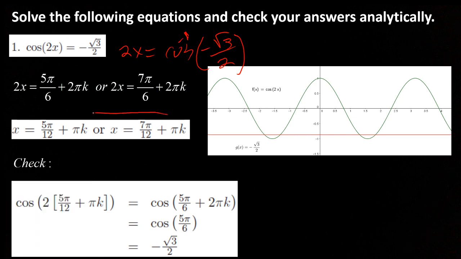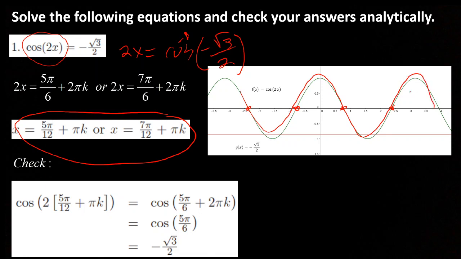So these numbers that we found here are actually the intersection points of the graph on the left, which is this graph right here, and the graph on the right, which is basically that line. And those are the intersection points that we found.